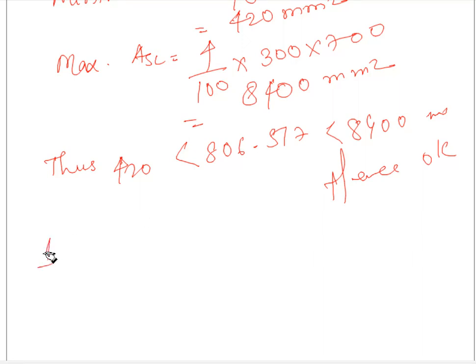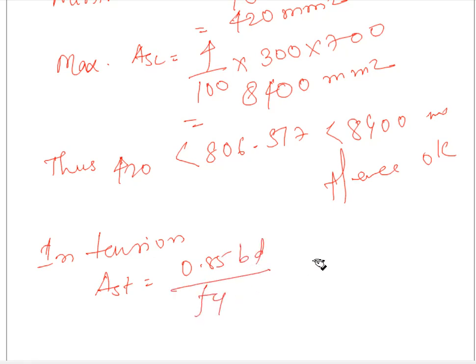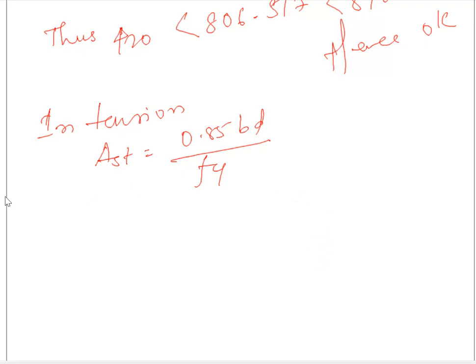Similarly, in tension, the minimum AST is equal to 0.85 BD by Fy, which is equal to 387.1.